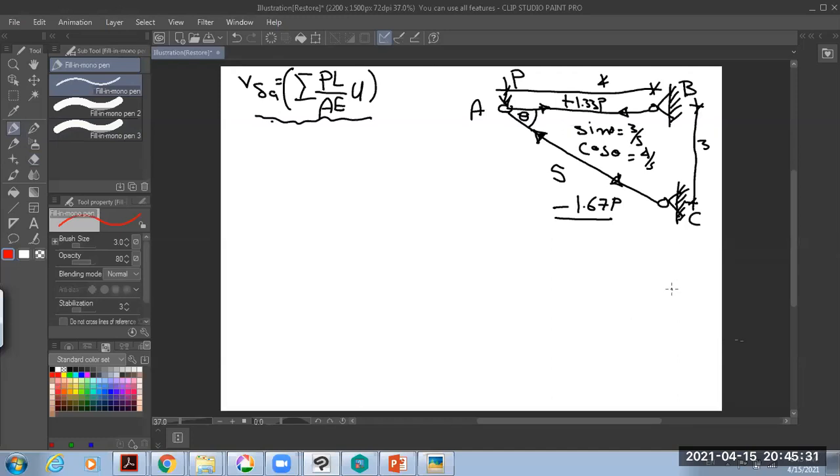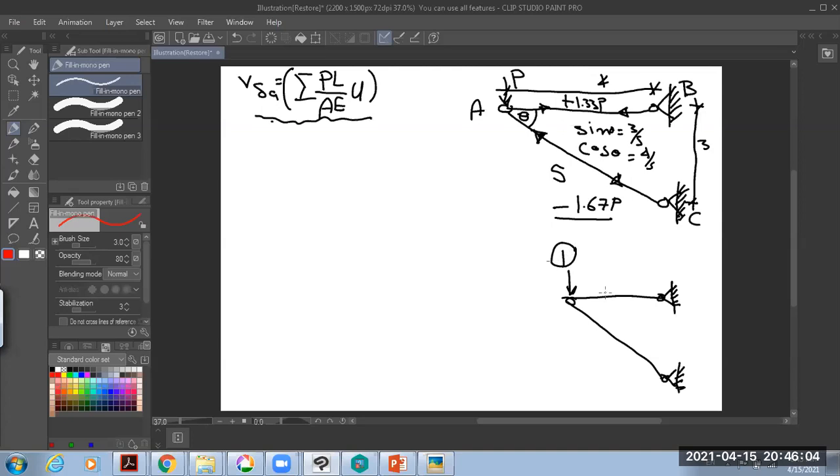This is a hinged support and hinged support. Put unit load 1, same direction, guys. Downward, the force being downward, put 1 unit load.